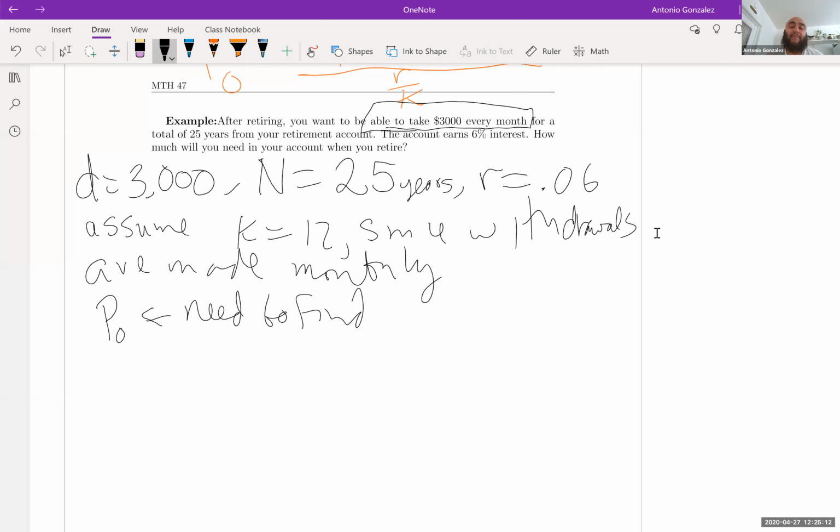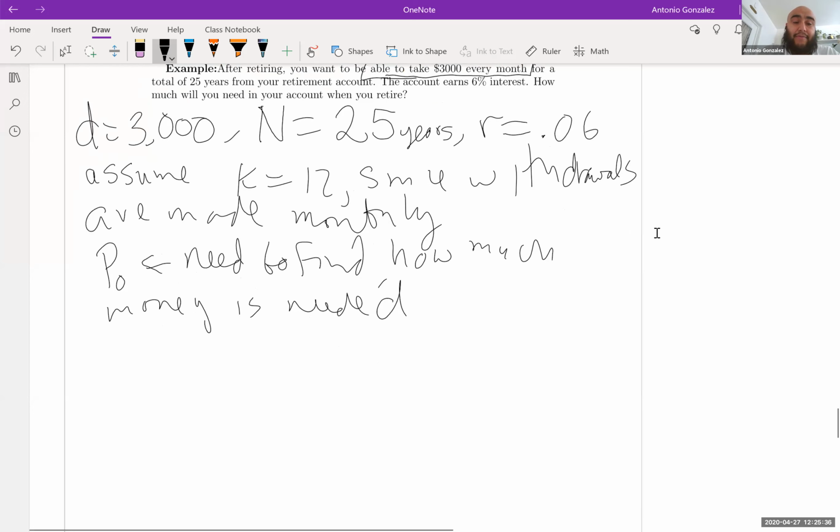So we need to find P0, or in other words, how much money is needed to accomplish this goal, to have $3,000 a month for 25 years in an account that earns 6% interest.